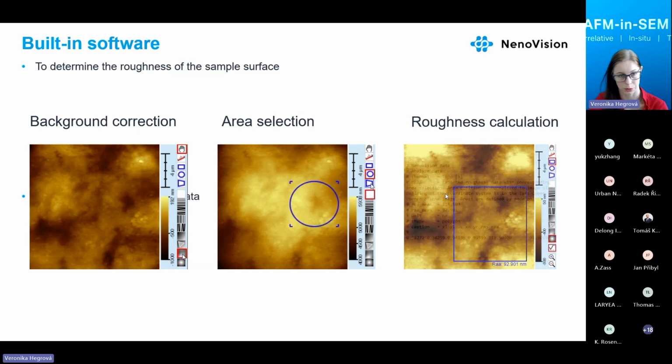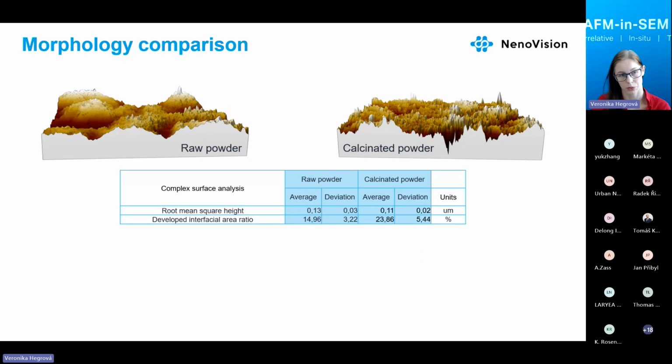But let's see what we got. So when we compare the raw and calcinated powder, interestingly, root mean square height did not change that much, but the developed interfacial area ratio changed quite strongly.